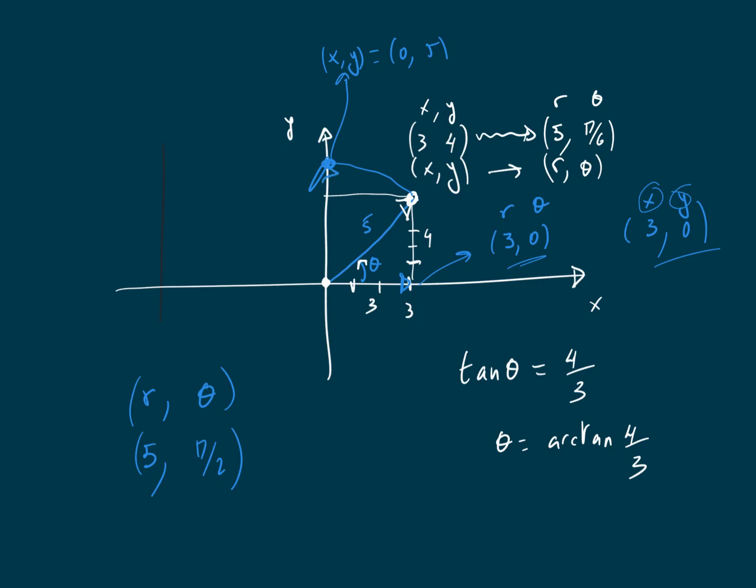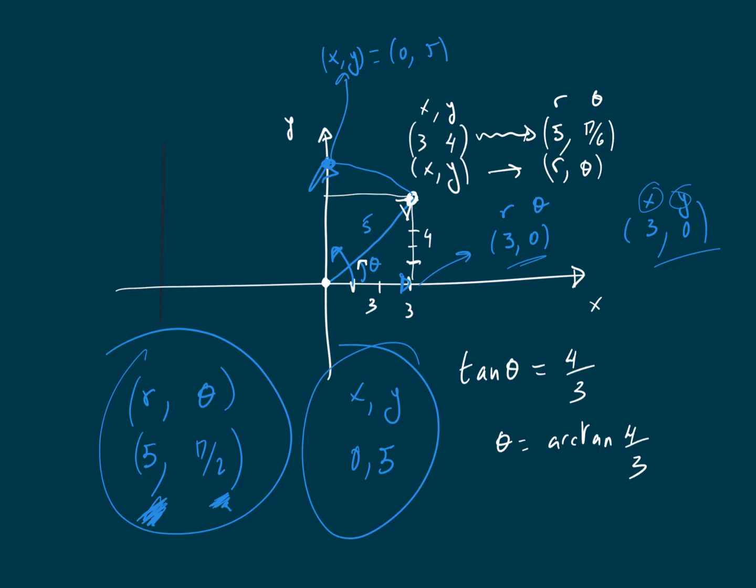So this point is at the angle pi divided by 2. So the instruction is go 5 meters out of the center in the x direction, and now later on, rotate pi divided by 2. Oh, and this is the r and this is the theta. So this point in polar coordinates is the same point as the point 0, 5 in Cartesian coordinates.